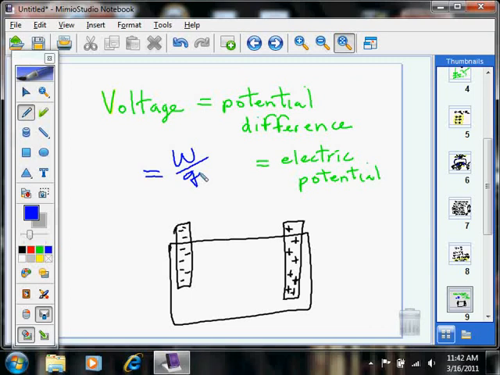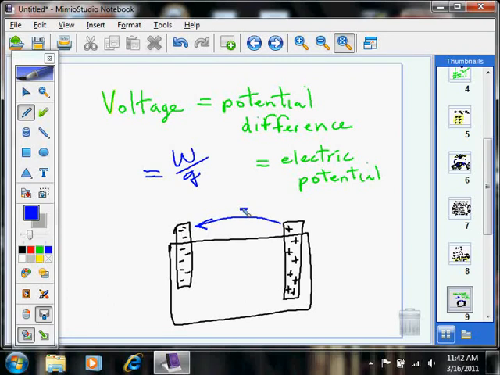Now here's the thing. If I imagine moving an electron from here over to there, it would definitely take work, yes?